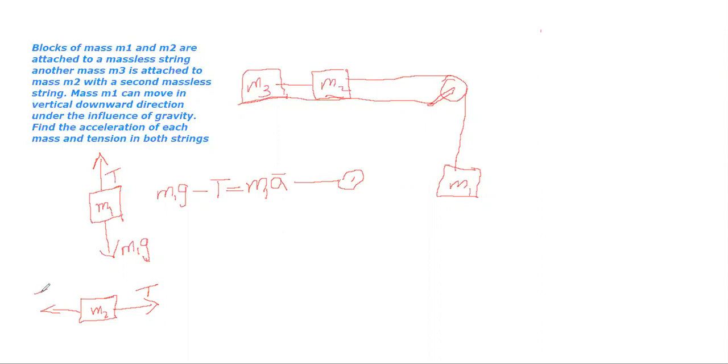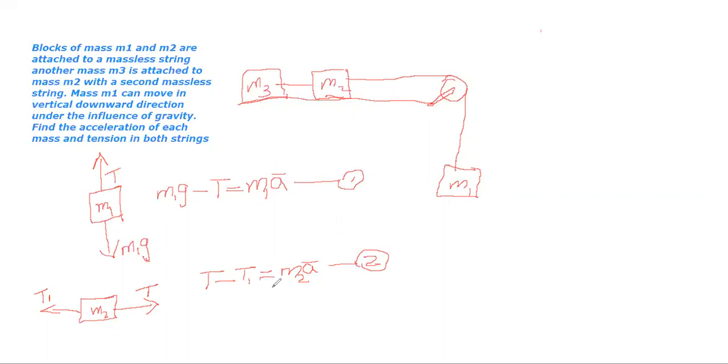Let us call it T1. So in this case, we can write that T minus T1 is equal to the resultant force on m2, which gives the equation of motion for m2. Let's call this equation 2.